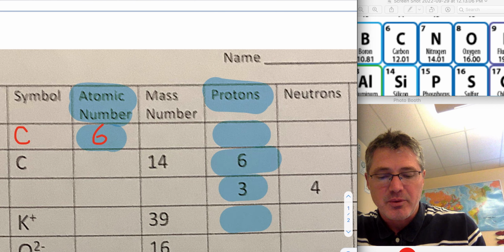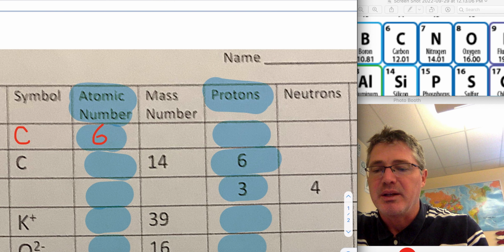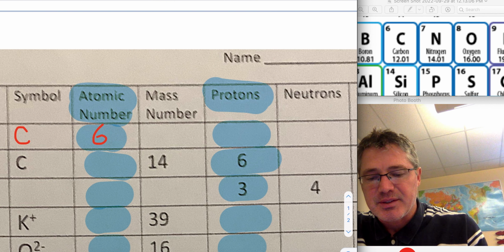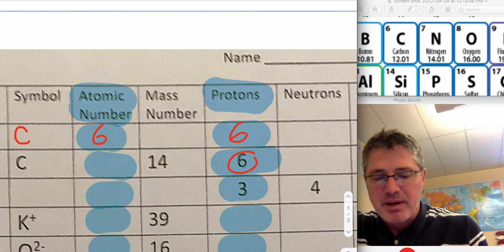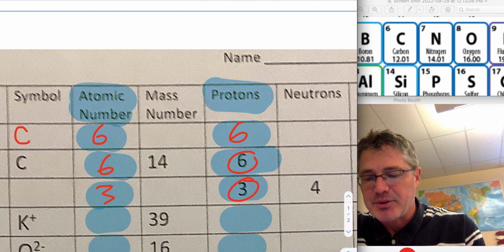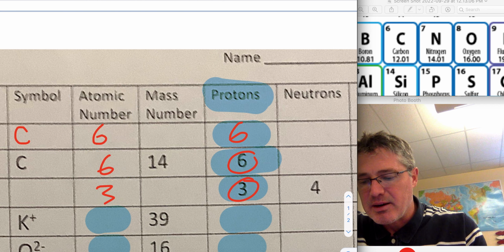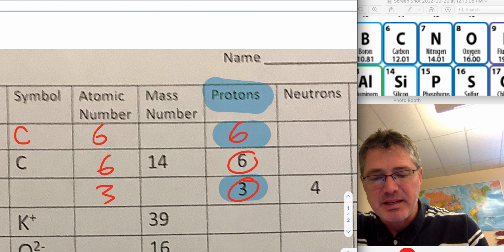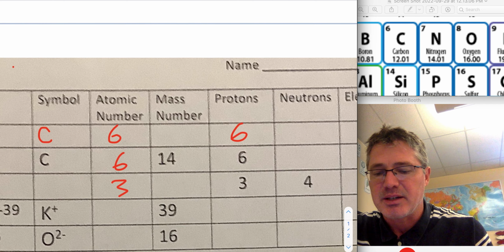We could go all the way down the line here, and whatever we have in one column, we'll put it in the other column. So this number right there will be a 6. Okay, and if we know this number and that number, that means we can fill in those two as well. So that rule right there allows us to link together the number of protons with the atomic number.